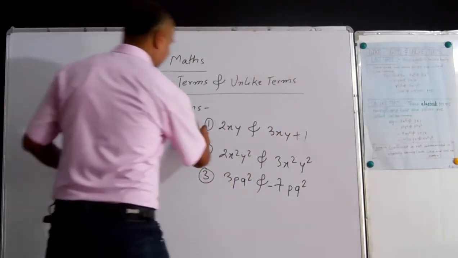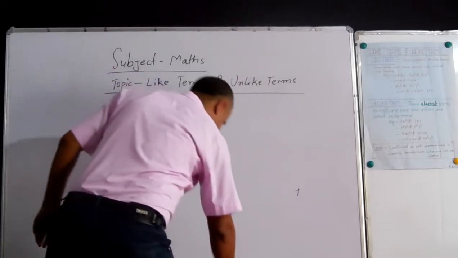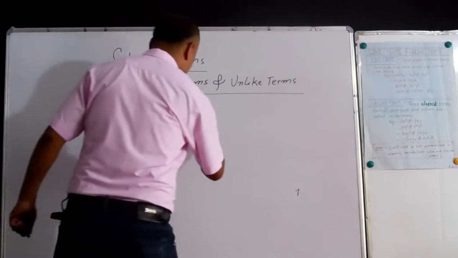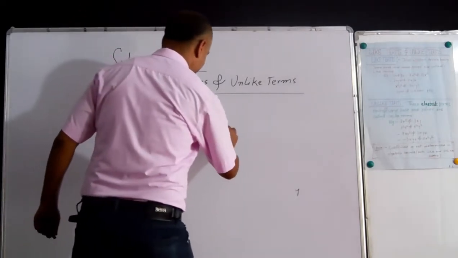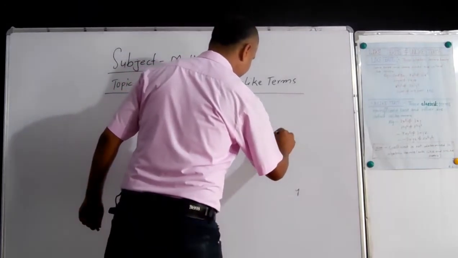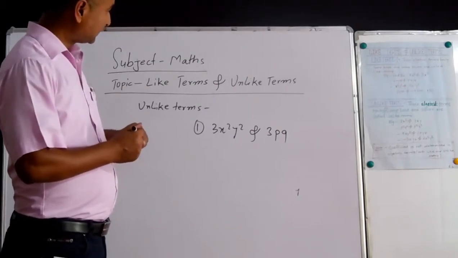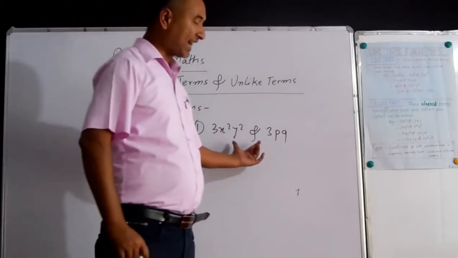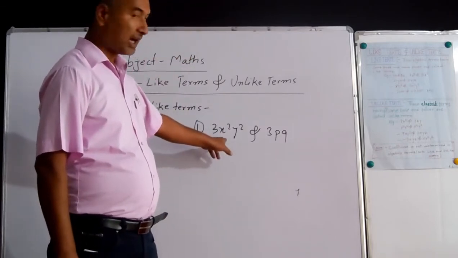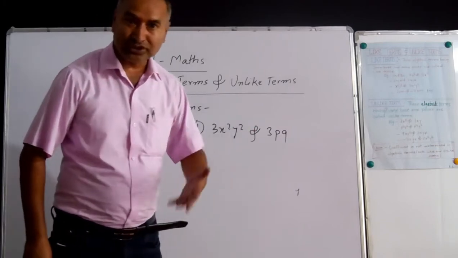So dear students, focus on the whiteboard. I am writing here some examples. Number 1, 3x square y square and 3pq. Now, these two expressions are unlike because no variables are the same, and no powers are the same.